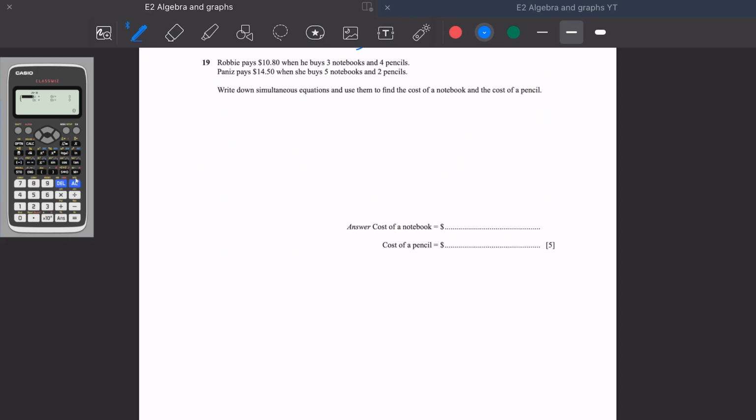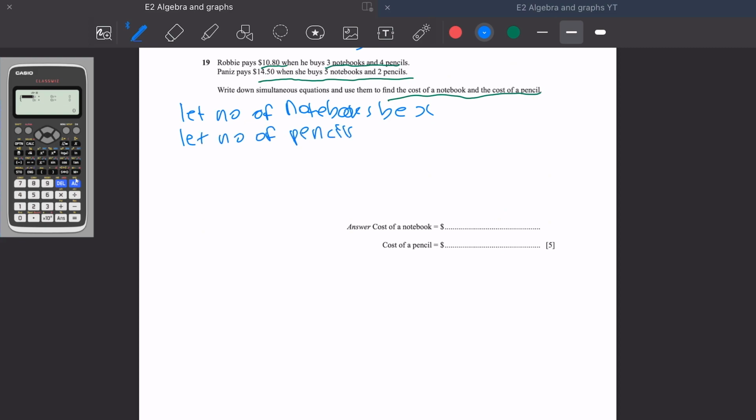Now the second one is a word problem. Robbie pays $10.80 when he buys 3 notebooks and 4 pencils. Penny pays $14.50 when she buys 5 notebooks and 2 pencils. Find the cost of a notebook and the cost of a pencil. Let the number of notebooks be x, and the number of pencils be y.